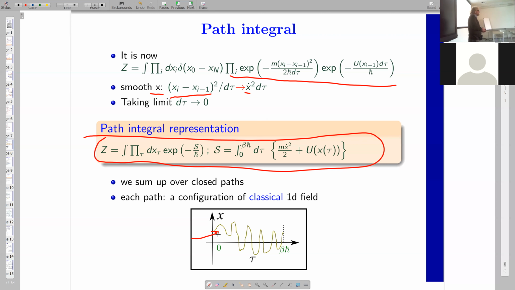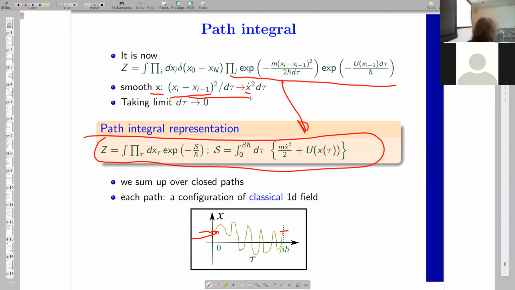This path has to be closed. Remember the delta function, which I wrote. So the first point and last point have got to be the same. Right. And each path comes with a Boltzmann factor. Here it is. This is obtained after taking this limit.